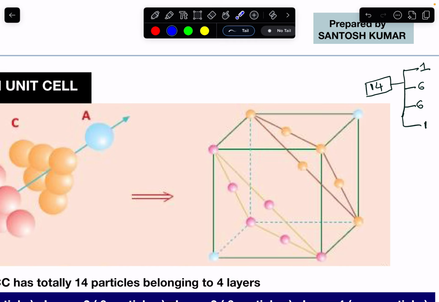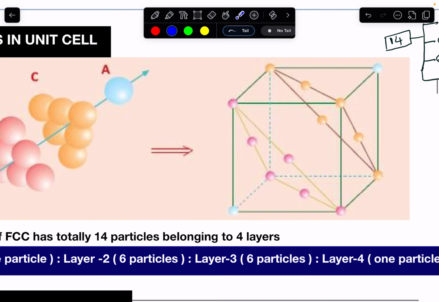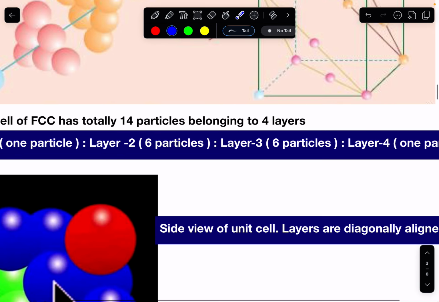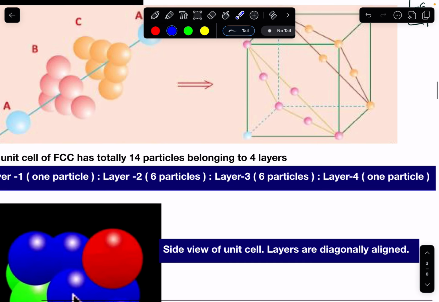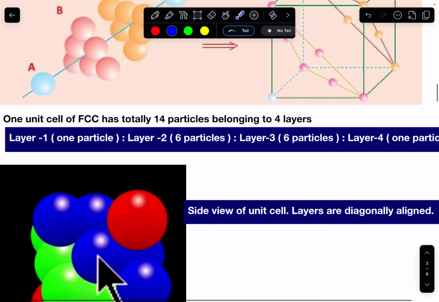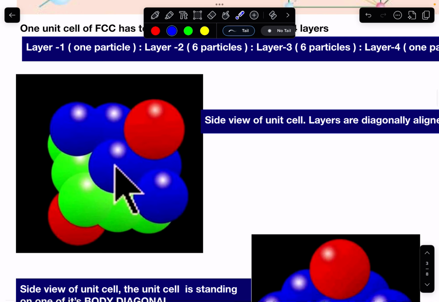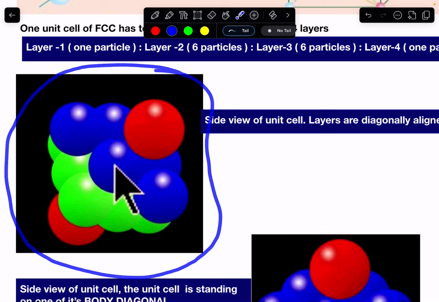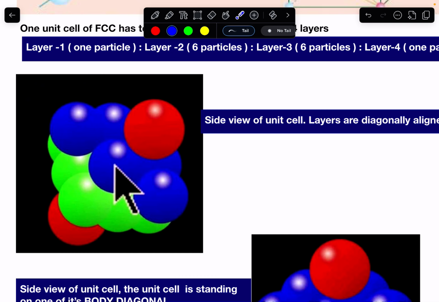So one unit cell of FCC has particles of 4 layers, and of course, since it is a close packed structure, you can see this is the particle of the first layer, 6 particles of the second layer, 6 particles of the third layer, and 1 particle of the fourth layer. So in the layer view of an FCC unit cell, the layers are diagonal layers.